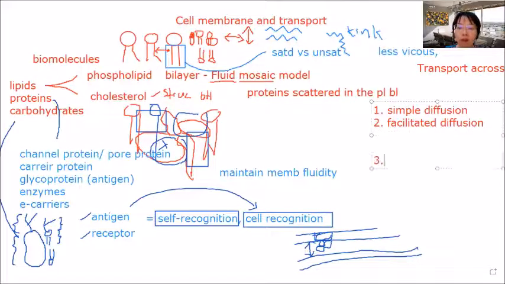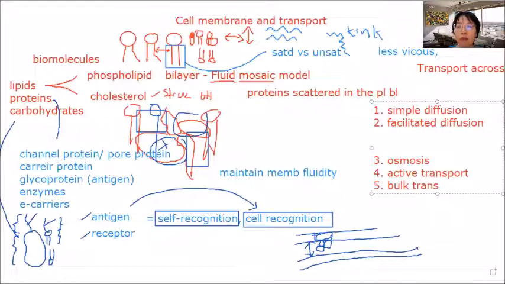Then active transport. Then number 4, osmosis. Then number 5 is bulk transport. This is the second section of this topic.